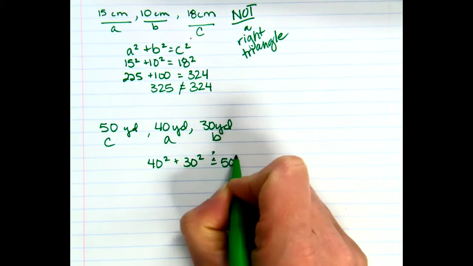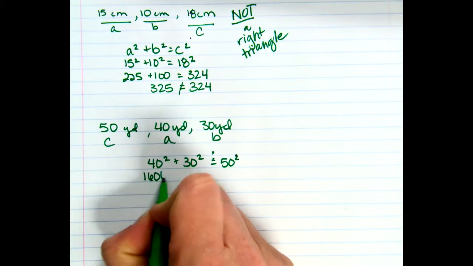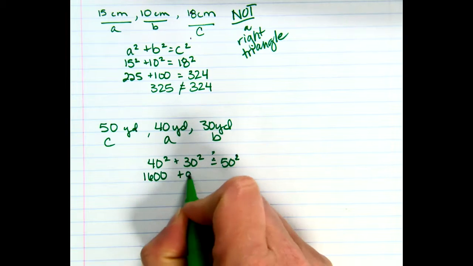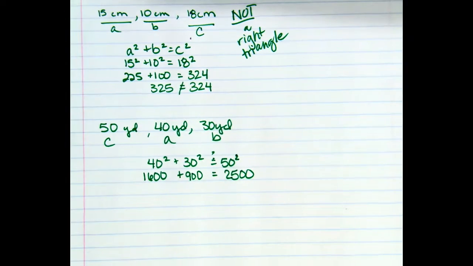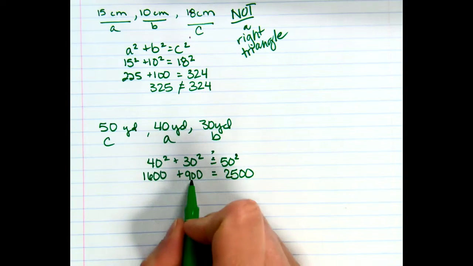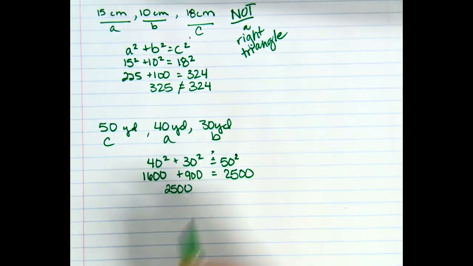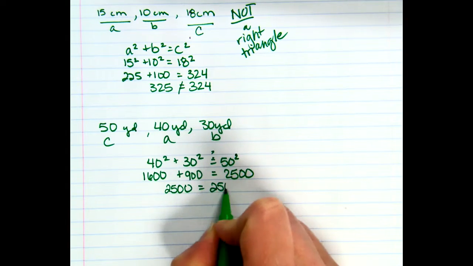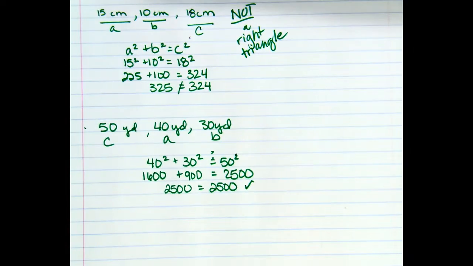Does that equal 50 squared? 40 squared is 1,600. 30 squared is 900, 50 squared is 2,500. 16 and 9 make 25, so this is 2,500. Lo and behold, that does equal 2,500. So this is a right triangle.